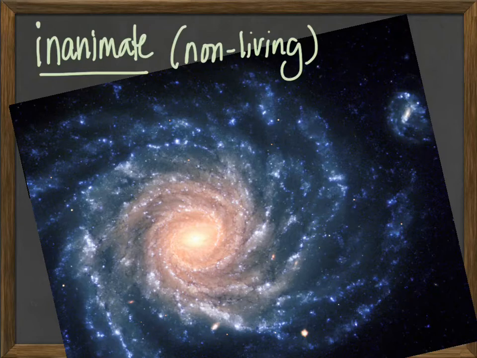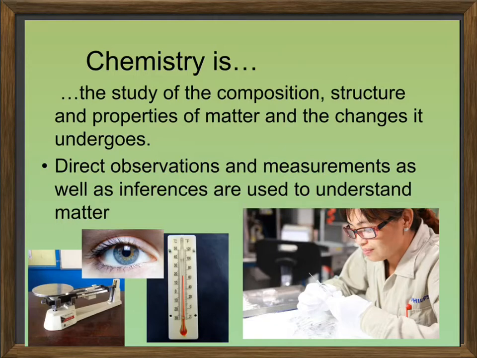The physical sciences cover all of that. But chemistry is the physical science that's concerned with matter. It's the study of the composition of matter, the structure and properties of matter, and the changes that matter undergoes.